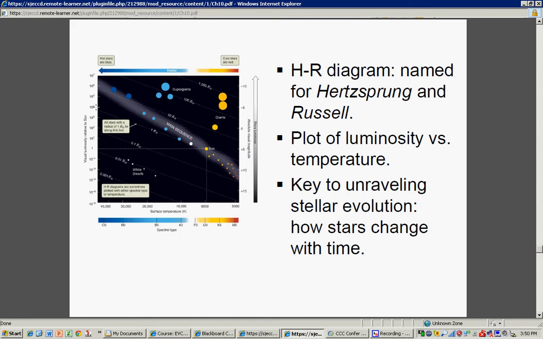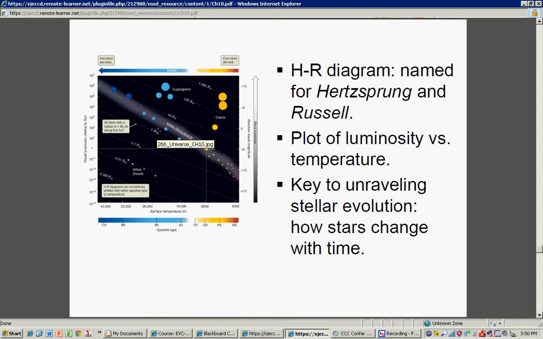So the last thing that I would like to emphasize is the so-called HR diagram. The Hertzsprung-Russell diagram is a diagram that relates energy produced by the star and their surface temperature, in a way that the hottest ones are on the left-hand side of the horizontal axis, and your y-axis is in a logarithmic scale.